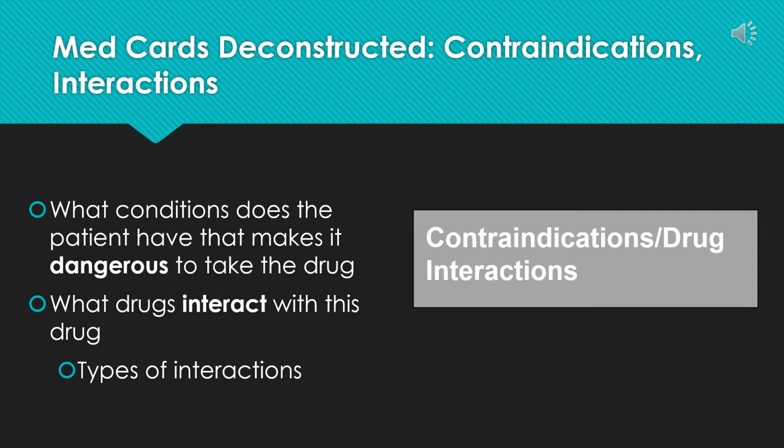So, for instance, if you have someone who is taking the beta blocker, propranolol, we'll just stick with that drug, and they are diabetic, a beta blocker will inhibit that tachycardia and that jittery feeling that lets you know that you're having a hypoglycemic reaction. And so it's not always a good idea to give beta blockers to diabetics.